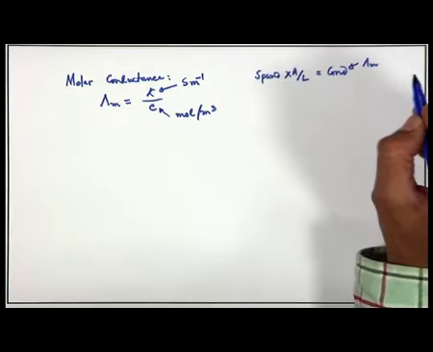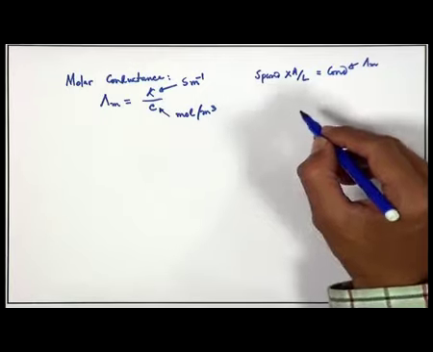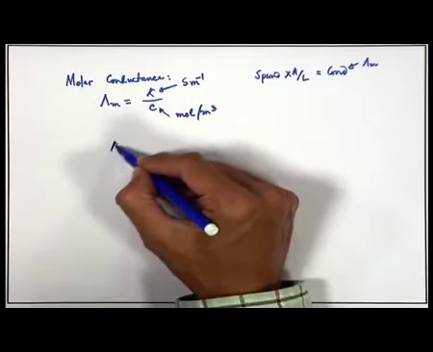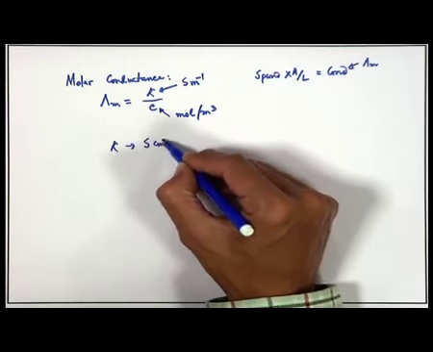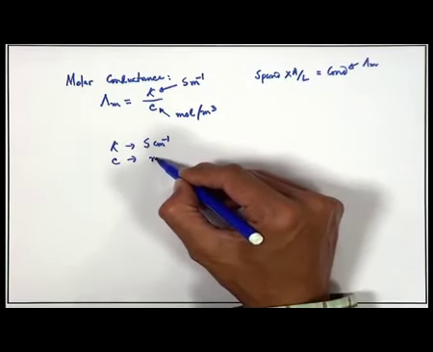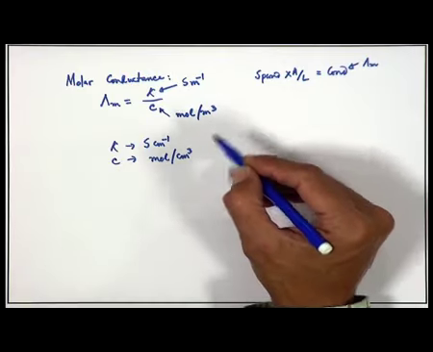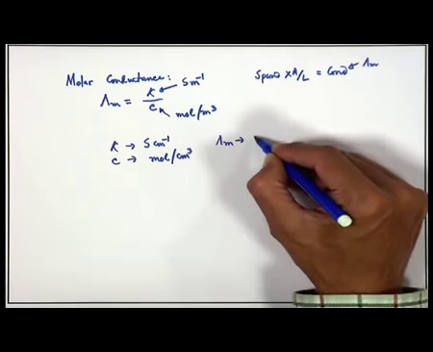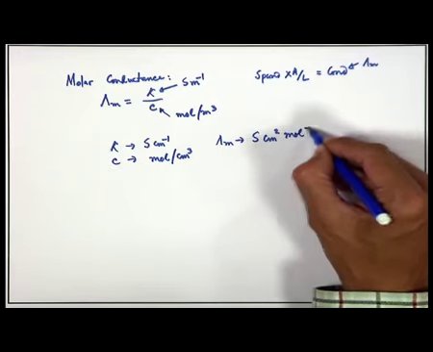Now, if kappa is expressed in Siemens per centimeter and concentration is expressed in mole per centimeter cube, then lambda m comes out to be Siemens centimeter square mole inverse.